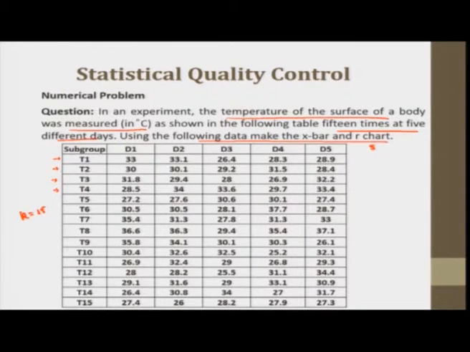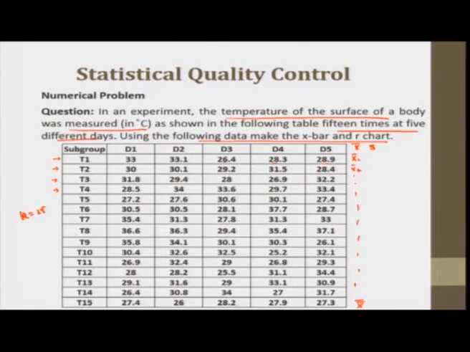How could we proceed to do the calculations? First of all, we will calculate the X bar, X1 bar, X2 bar, and so on, the average of these values 33, 33.1, 26.4, 28.3, 28.9.